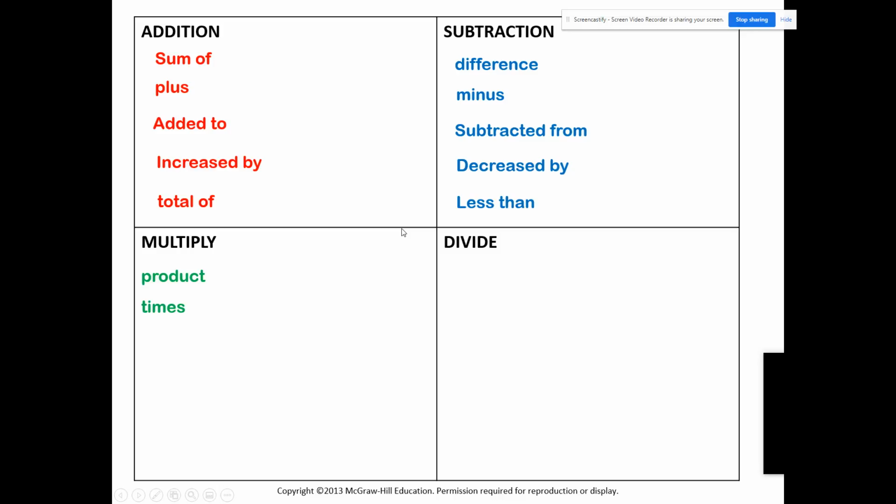Times, x times 3, or a number times 10, and multiplied by. For division, quotient, the quotient of y and 10, divided by, and the last one is per. You probably won't see per a lot, but per does mean divide, like miles per gallon. If you want to know how many miles per gallon, you would divide.